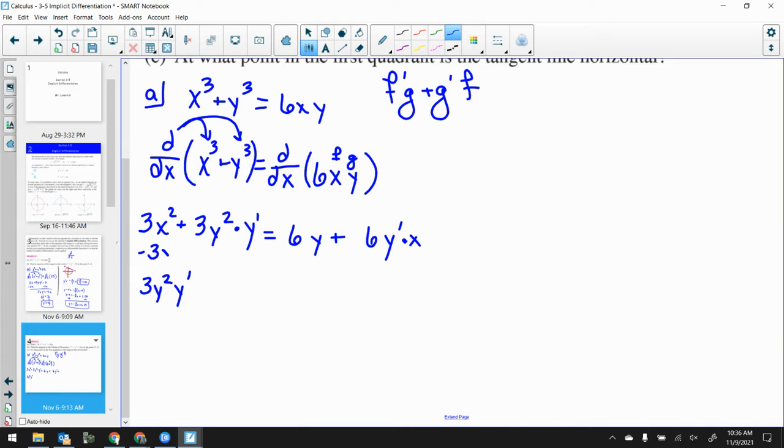I'm going to subtract the 3x squared over to the other side. And I want to get this 6y prime x over to the other side. So minus 6y prime x is equal to 6y minus 3x squared. I moved the 3x squared to the right side. I moved the 6y prime x over to the left side.